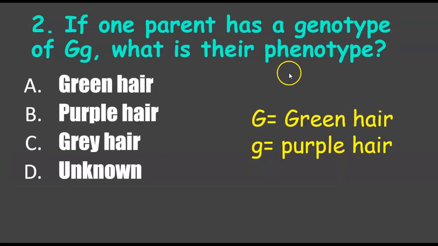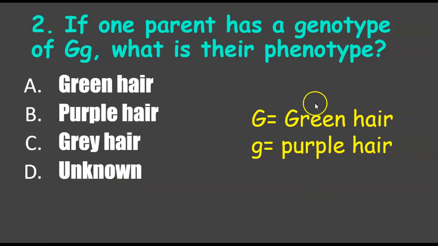All right. If one parent has a genotype of capital G, lowercase g, what is their phenotype, where capital G is green hair and lowercase g is purple hair? I've got all of these answers that are possibilities. First thing I'm going to do is cross out what could not happen.